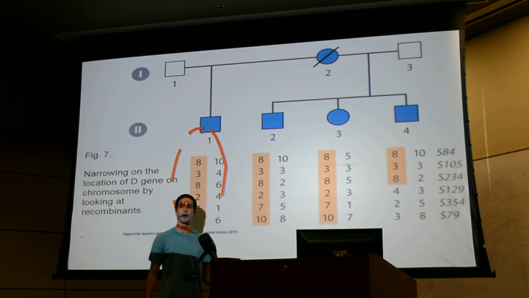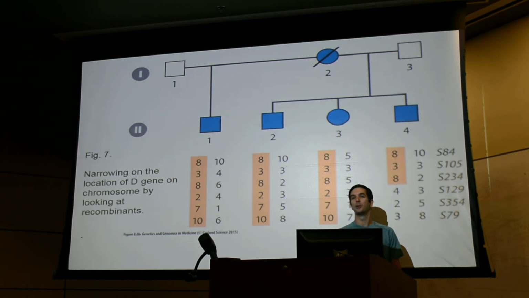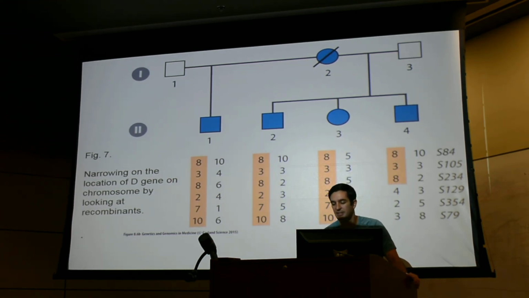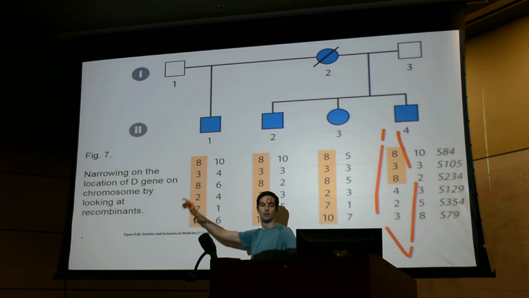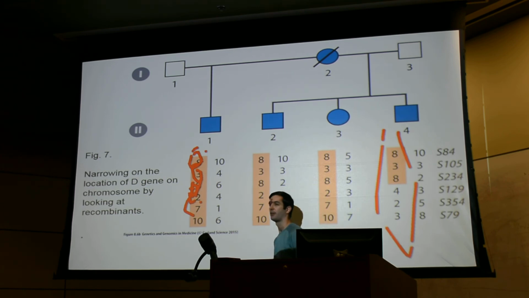So in this example, we found one person has the disease. However, they are missing the full block, where we don't see the actual 8, 3. These are all VNTRs within there, but I don't see the 2, 7, and 10 down there.